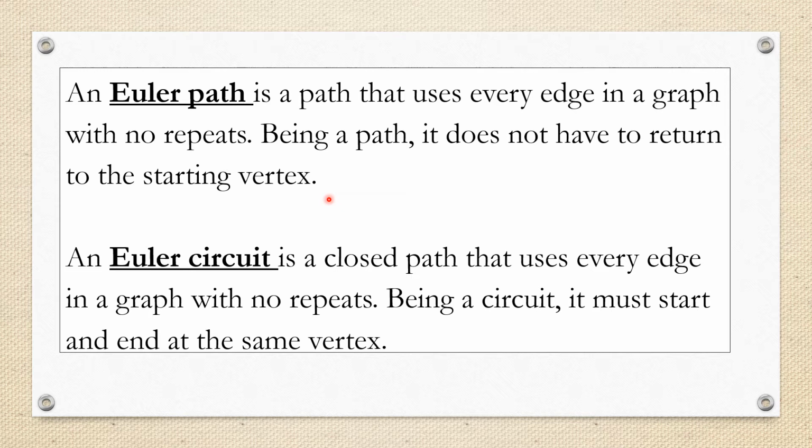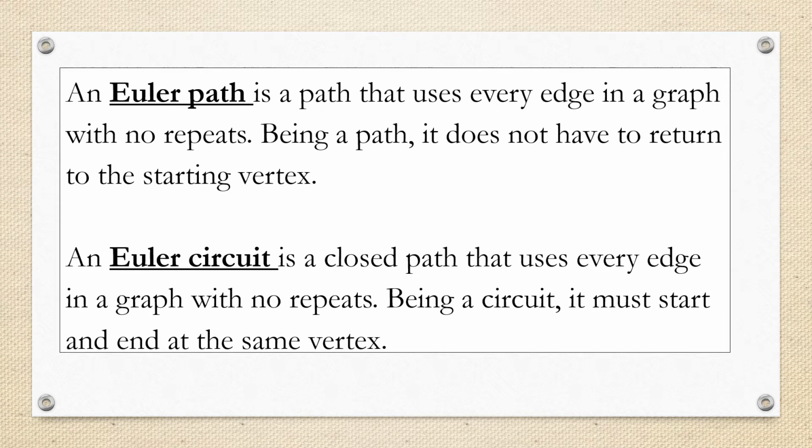the starting vertex. While an Euler circuit is a closed path that uses every edge in a graph with no repeats. Being a circuit, it must start and end at the same vertex. So meaning, gagamitin pa rin natin lahat ng edges na nasa graph ng isang beses lang.